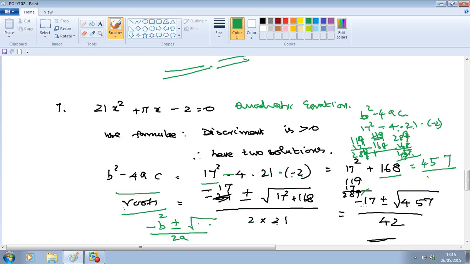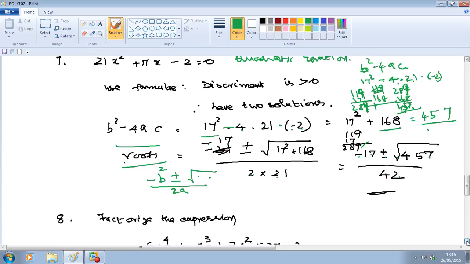So one root is minus 17 minus root of 457 divided by 42. Another root is minus 17 plus root of 457 by 42. One is plus, another is minus. We got two roots. Since root of 457 is a fraction, we will leave it at this stage.